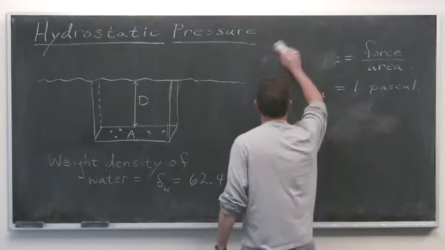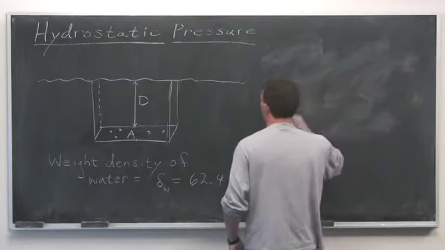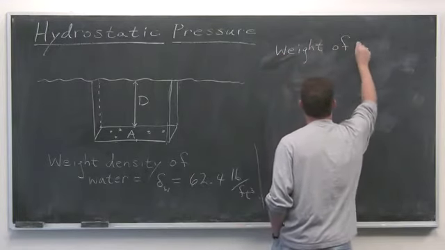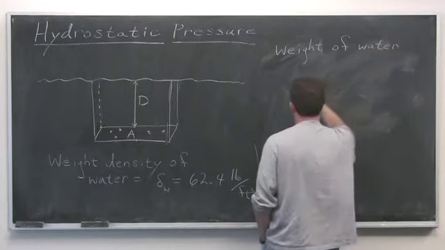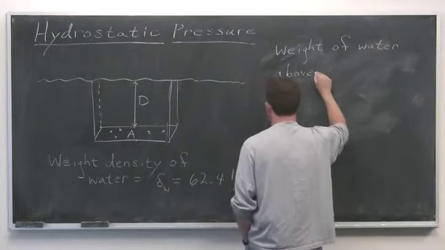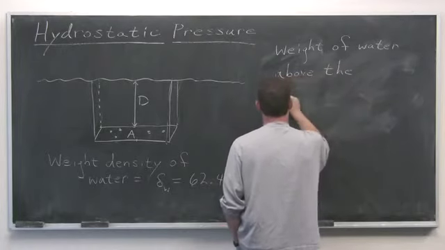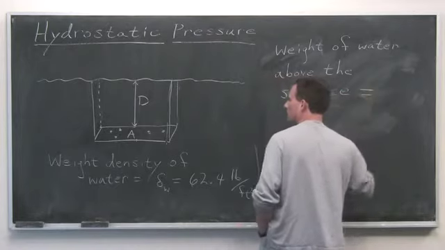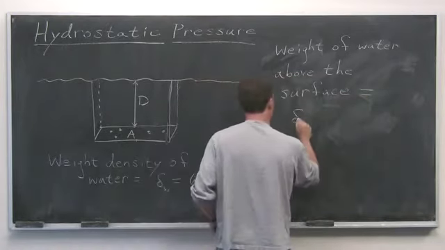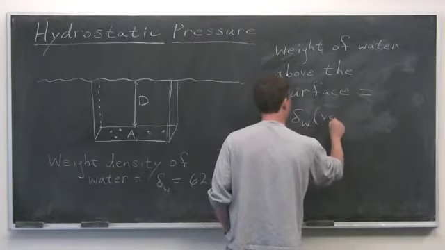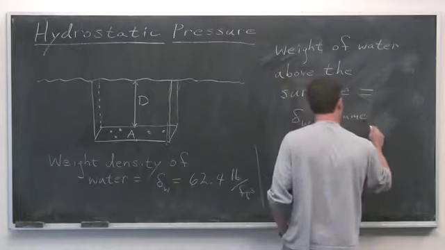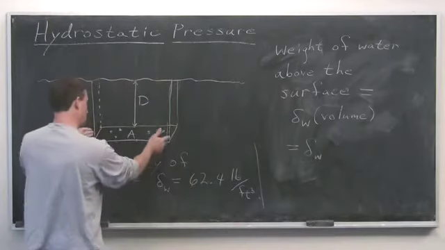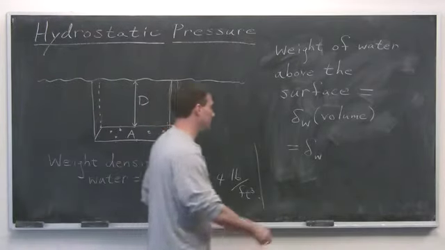So the weight of water above the surface, or the plate, whatever you want to think of it as, is just the weight density of water times the volume of water, which is just the area of the base times the height, A times D.